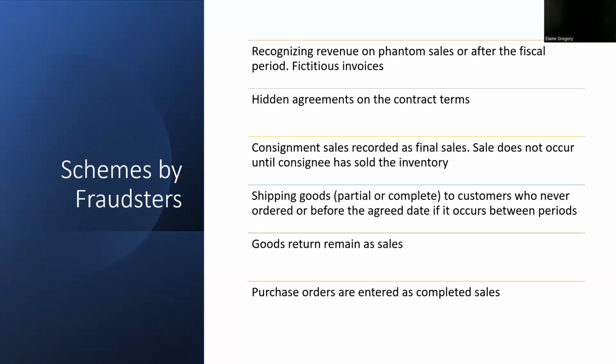So we return the goods, we give the credit to AR, but we still keep it on the books of sales. That's where your sales and sales returns and allowances need to be aligned to the credit memo to the customer. And purchase orders that are entered as complete sales.